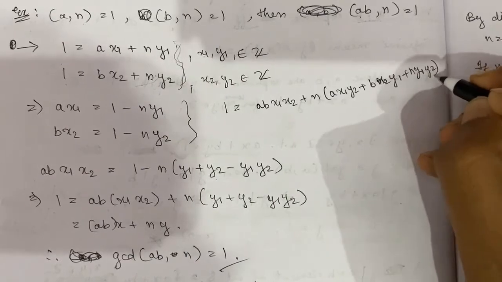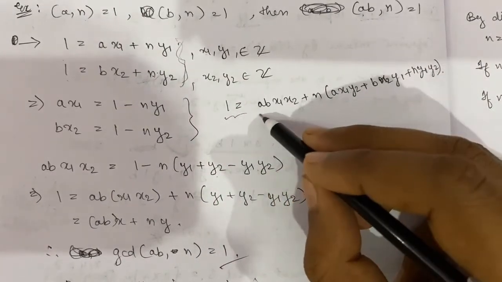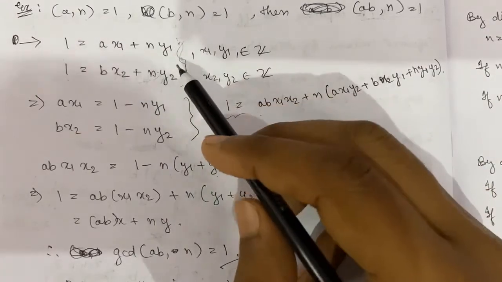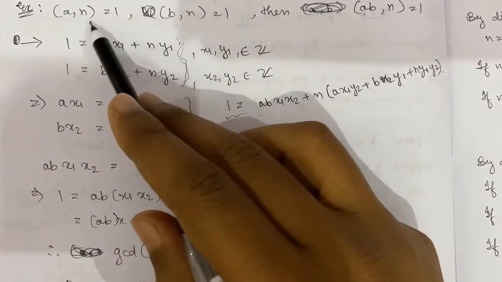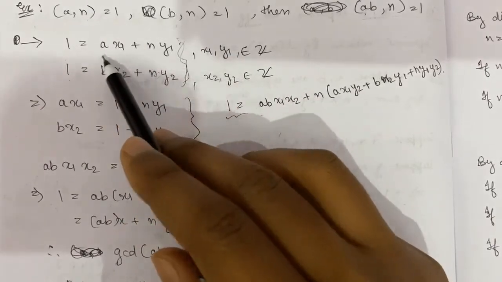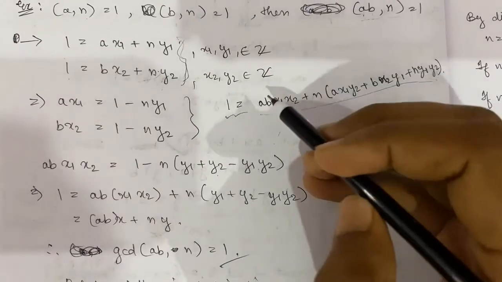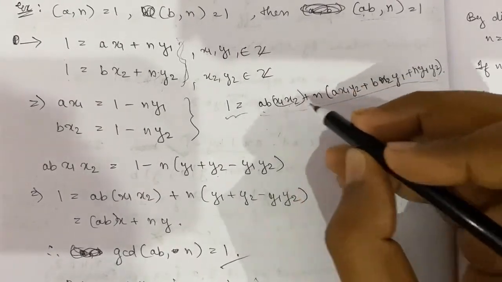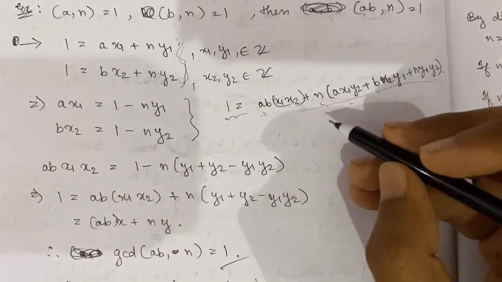So in this form also, we basically just have to use the property of linear combination: we get AB times an integer plus n times another integer is 1. So the GCD of AB and n is 1.